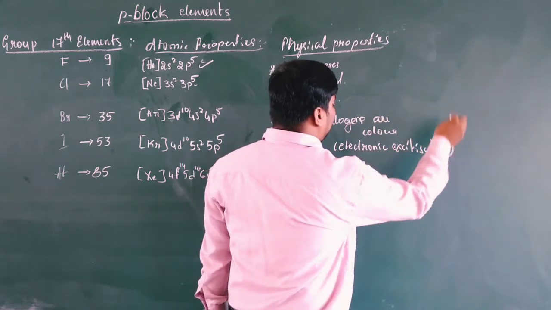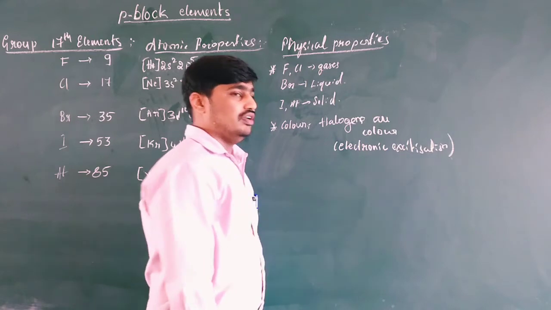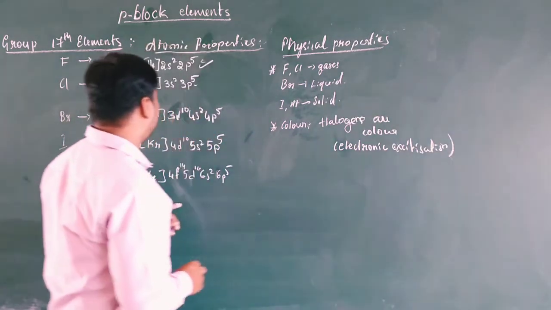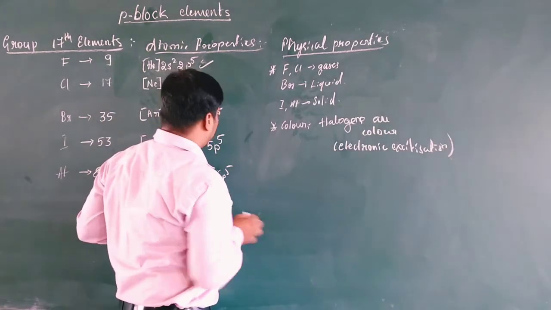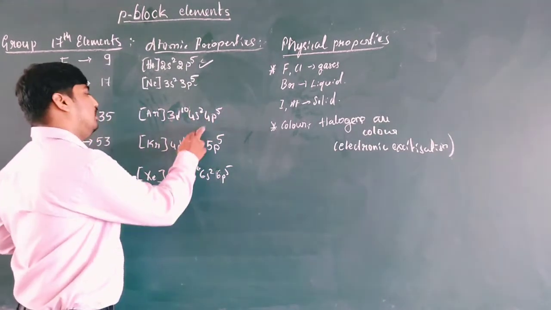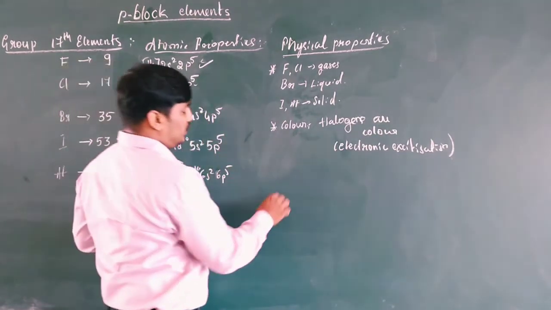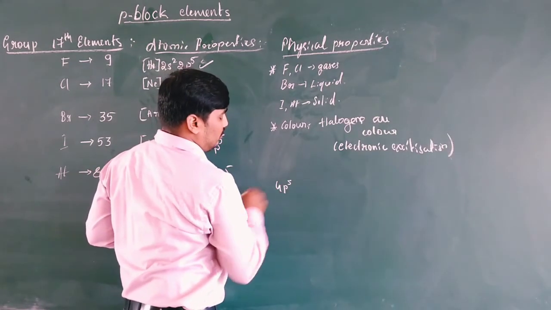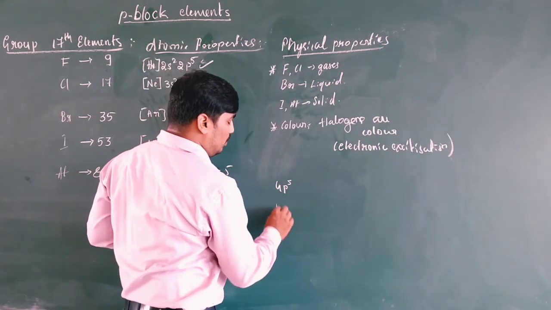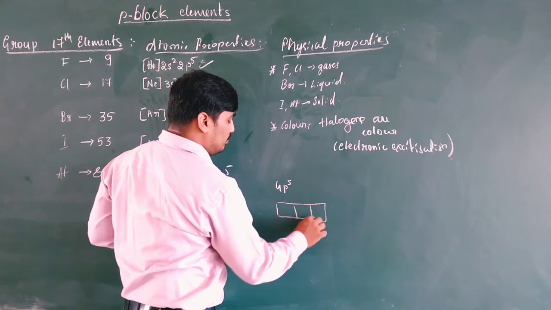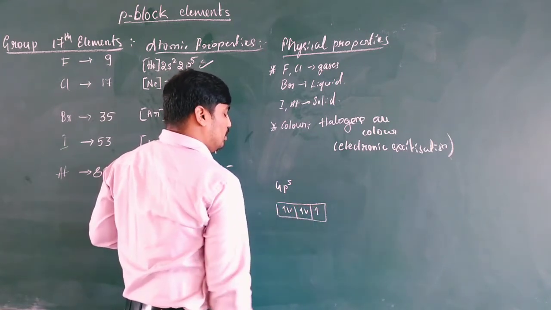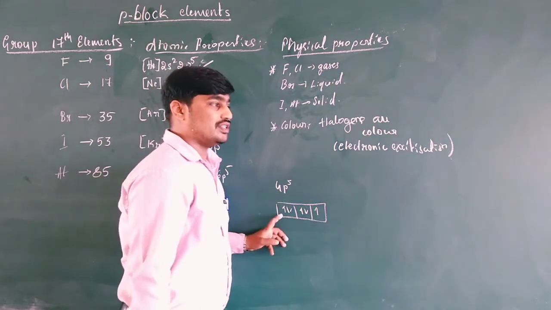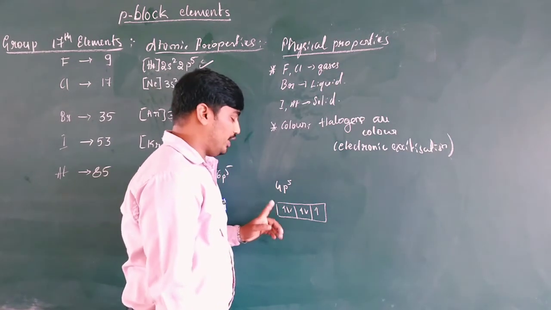What is the reason for the excitation of electrons? When we observe the electronic configuration of these elements, I am just going to take one example, the p5.